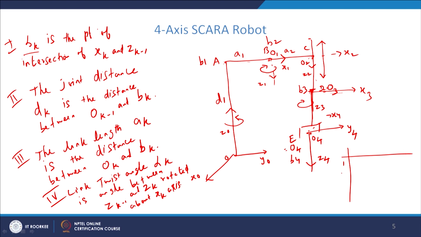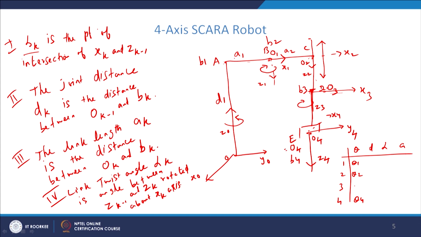Here there are 4 joints 1, 2, 3, 4 with parameters theta, d, alpha, a. So, we see that theta 1, theta 2 and theta 4, these are the revolute joints 1, 2 and 4, they are rotational. The third joint is prismatic. So, theta 1 is a variable, theta 2 is a variable, theta 4 is a variable, and D3 is the variable.